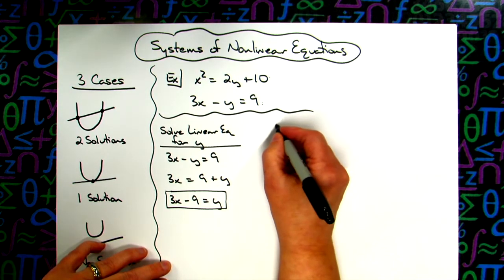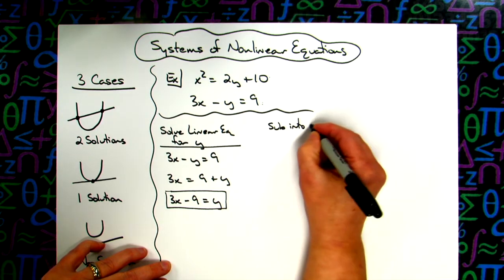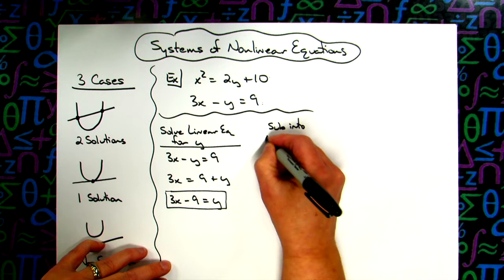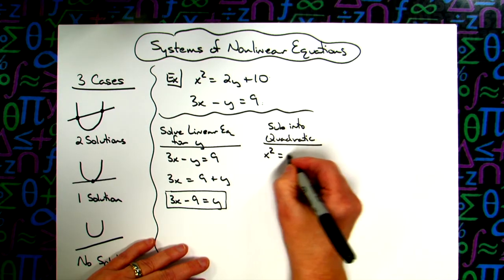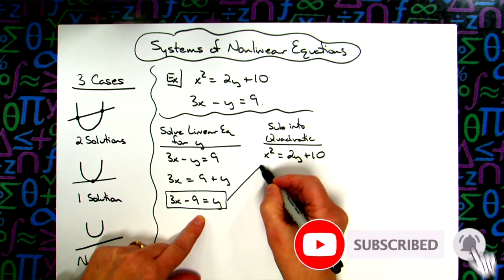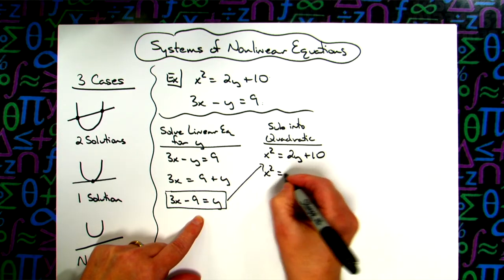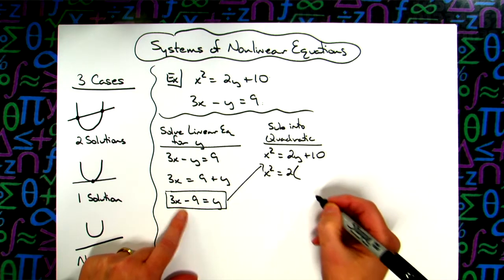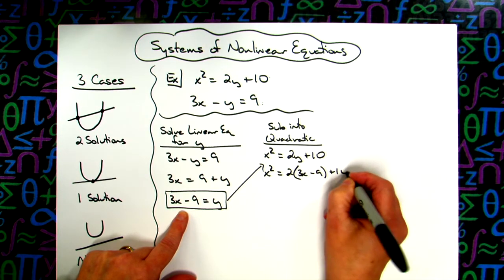Then our second part here will be to substitute into our quadratic. So x squared is equal to 2y plus 10. I'm going to substitute this back in for y. So I'll have x squared is equal to 2 times, replacing y with what it equals, 3x minus 9, and then the plus 10 on the end.